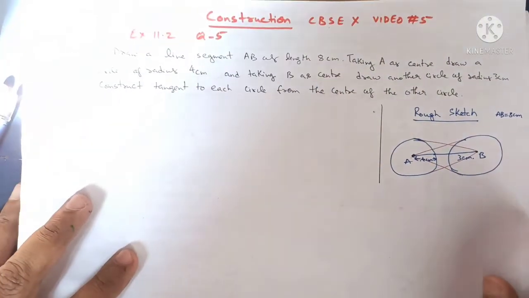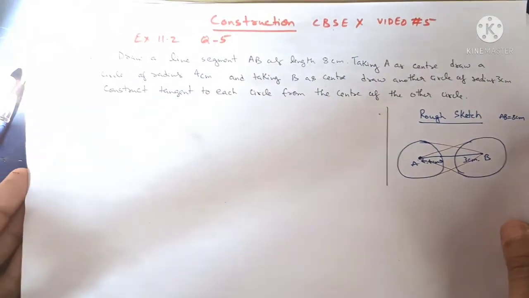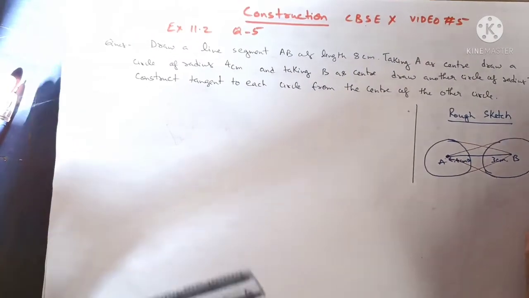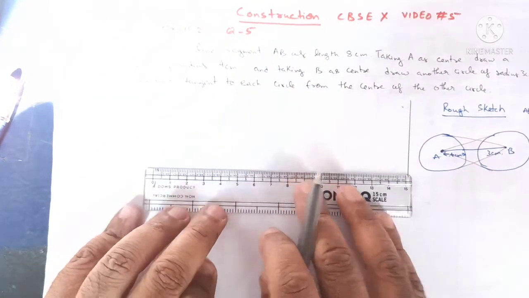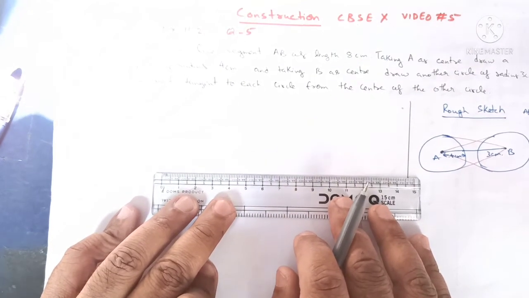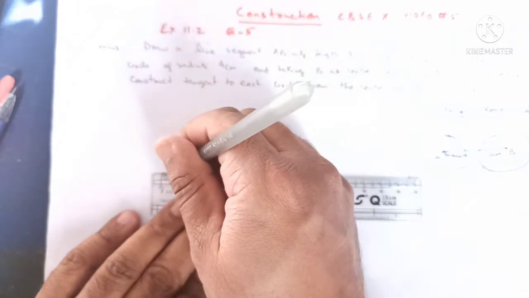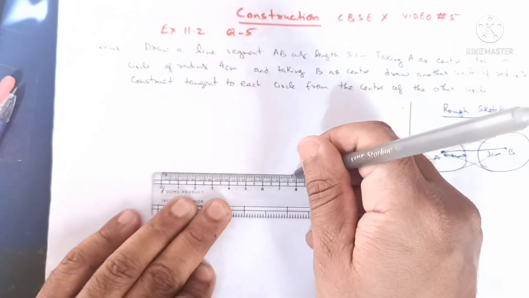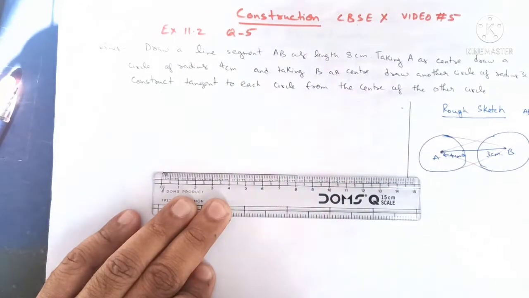First of all, we will draw a line segment AB equal to 8 centimeter. So here I am drawing AB equal to 8 centimeter. Okay, this is AB of length 8 centimeter.